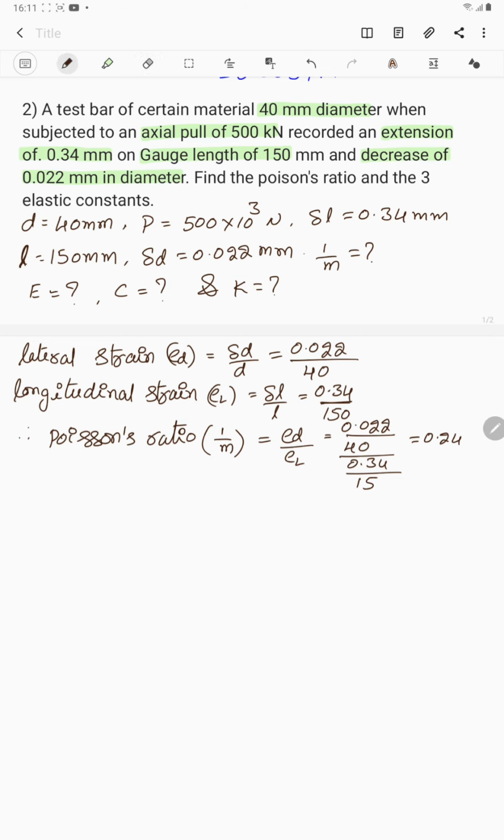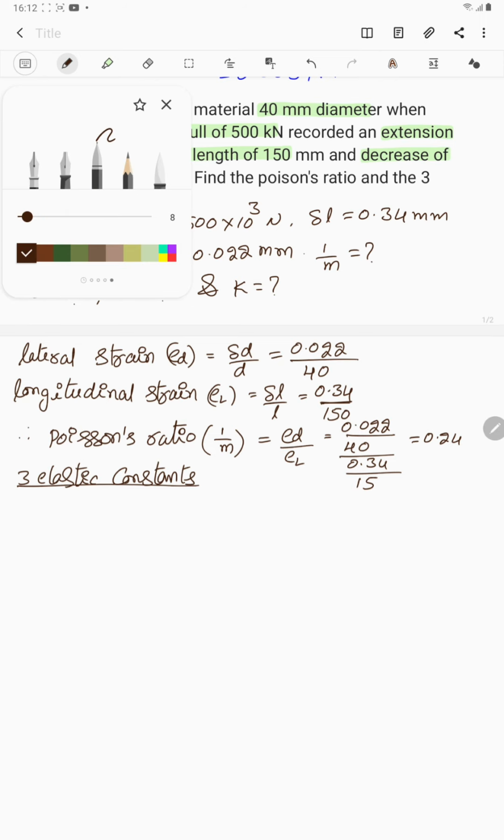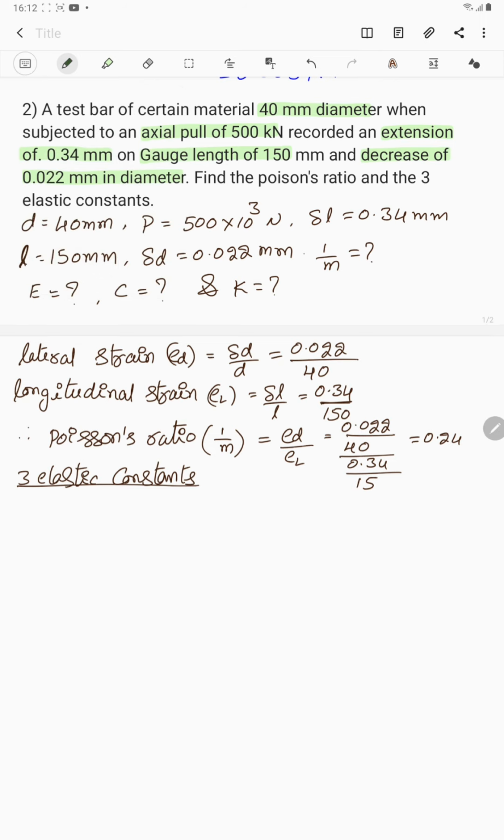Next, you know delta L equal to PL by AE. From that you can find the one of the elastic constants, 3 elastic constants. You know delta L equal to PL by AE.